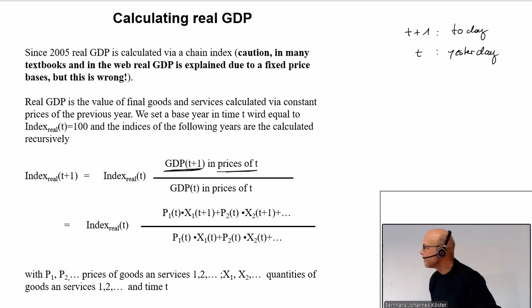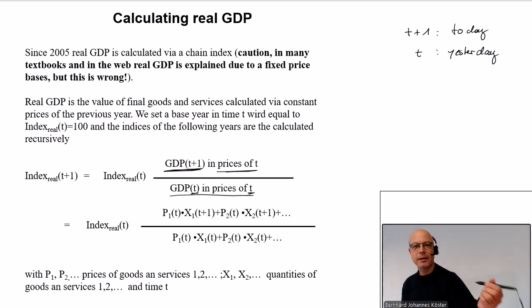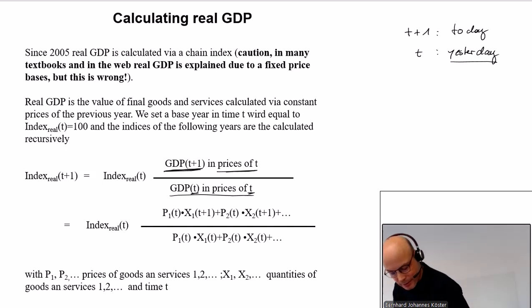And then we divide this number by just the nominal GDP of the former year. You see here both times the same price, the same time index t, and t was the index of yesterday.